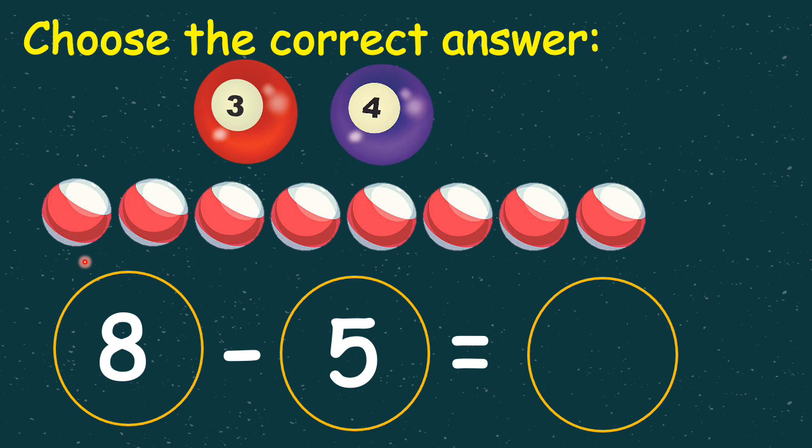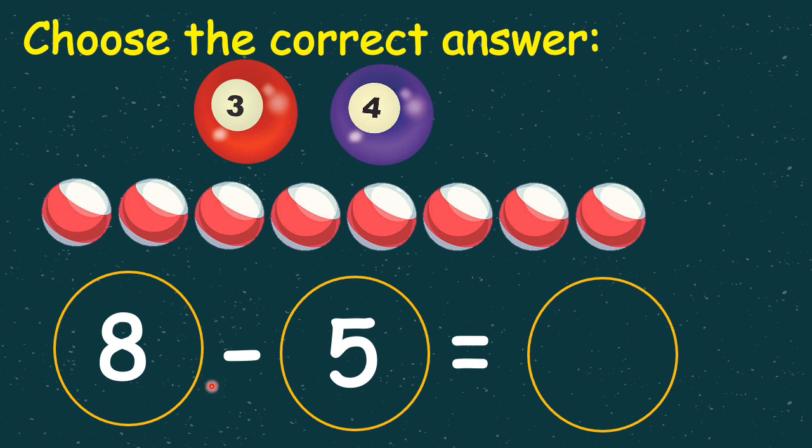So what we need to do here is, first we count the total number. Here, how many balls are here? Count along with me. 1, 2, 3, 4, 5, 6, 7, 8. So there are 8 balls given here. So we have number 8 given in the first circle.